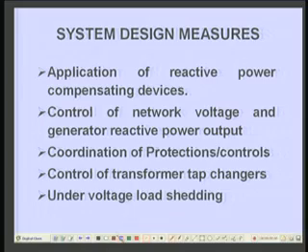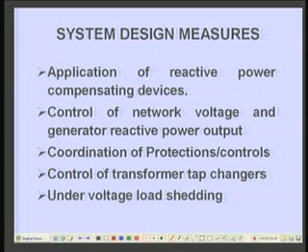System design measures. What are the design measures which can be adopted for having a system which will have a large voltage stability margin and voltage collapse would not take place? Obviously, the voltage stability problem is basically the problem of inadequate reactive power supply.